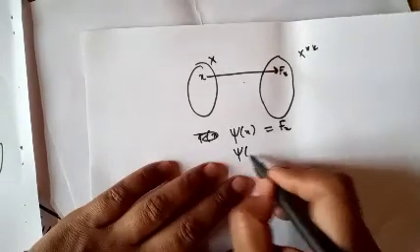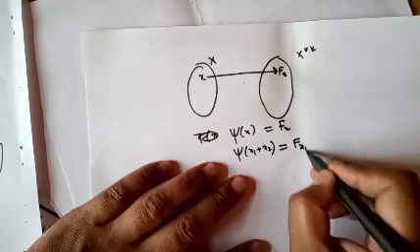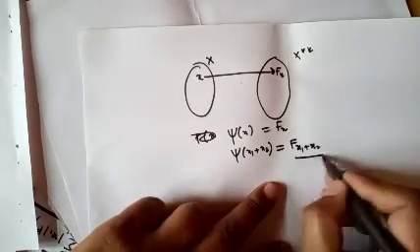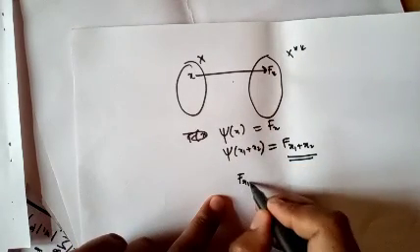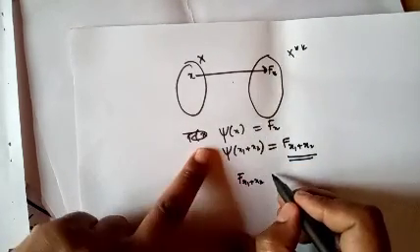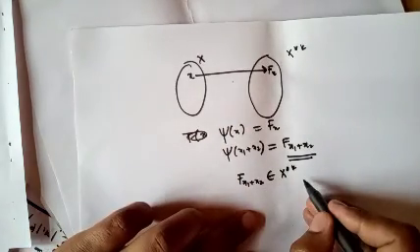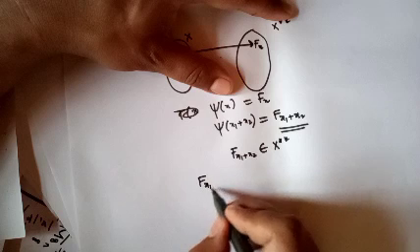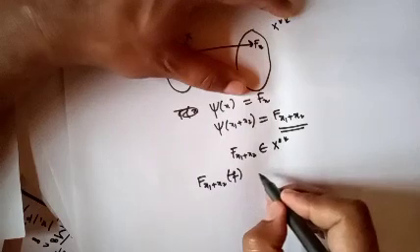Then psi of x1 plus x2 is equal to f sub x1 plus x2. Now what is f_x? This is a function, and f sub x1 plus x2 belongs to X double star. So how do you know what a function looks like? We know it by its action on the vectors. So f of x1 plus x2 at f, what would this be equal to?